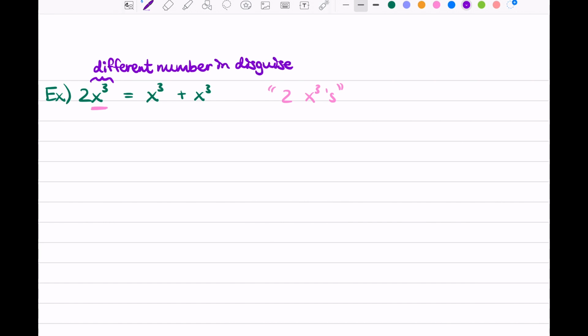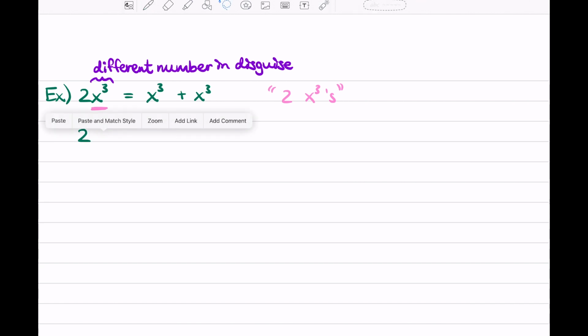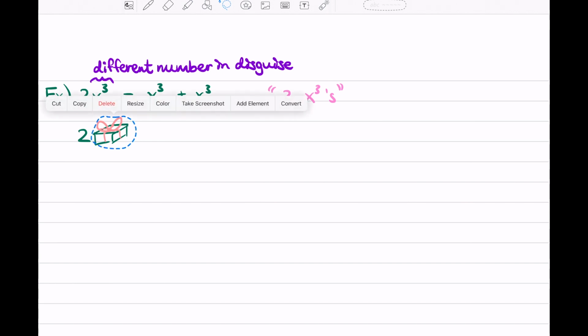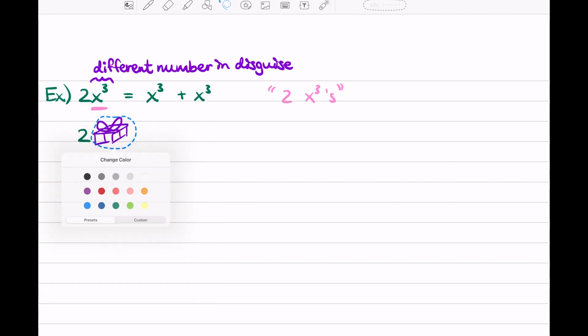X gives us one number, x multiplied 3 times gives us a different number. So using our present example, we can represent x to the third with a different present. So we'll have 2 times present, but this time we're looking at x to the third, so let's make it a different color. So we have a different present here.